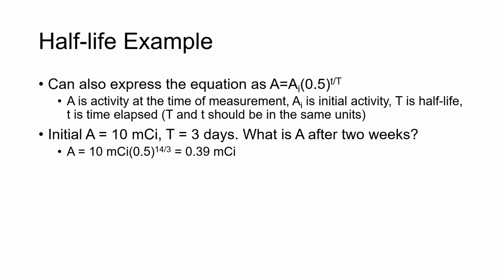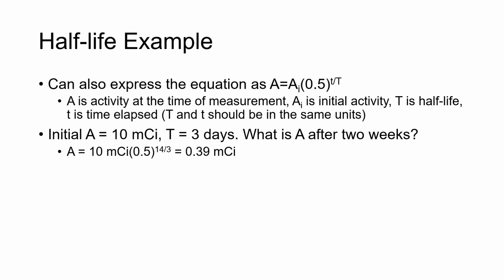We're going to go through a brief example of how to use this equation. Like I mentioned in the previous slide, we can use this equation to measure the amount of material that is left, or we can also use it to measure the activity of the material that is left, so the radioactivity over time. In that case, instead of using N to express the amount of material, you would use A as a representation of activity.